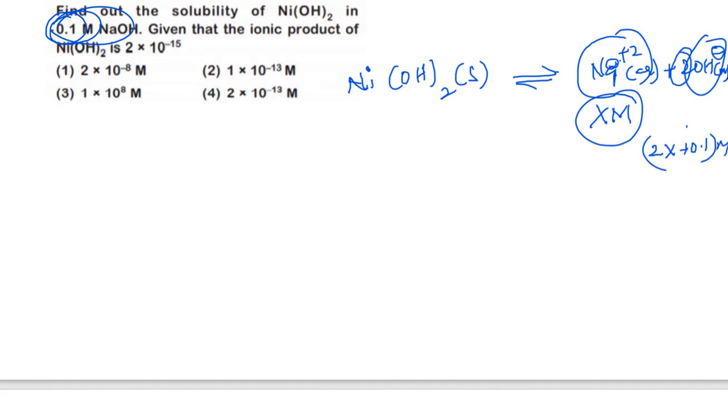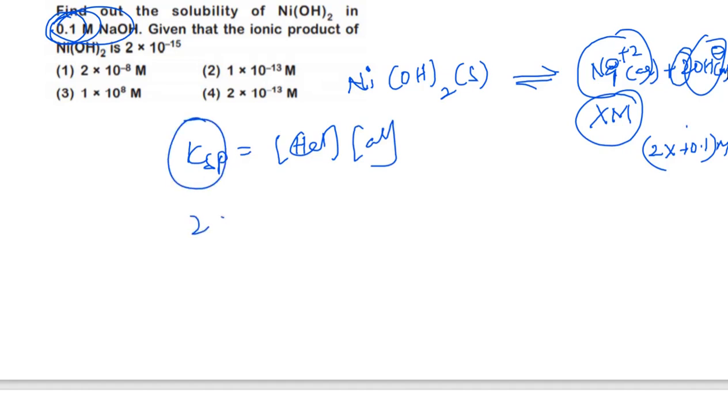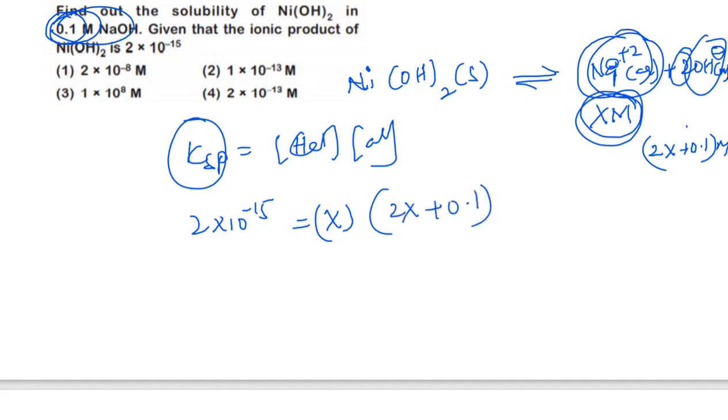Now the solubility product equals the product of concentrations of the cation and anion. The ionic product is given as 2 × 10^-15. For the Ni2+ ion solubility, we have considered x moles. So x into (2x + 0.1)^2, because 2 moles of hydroxide groups are there.